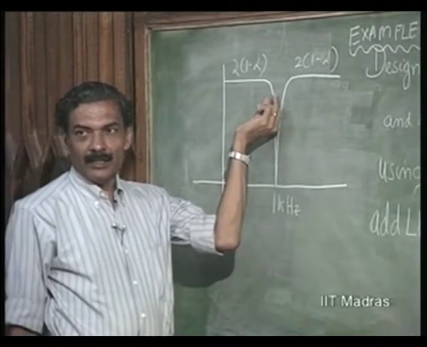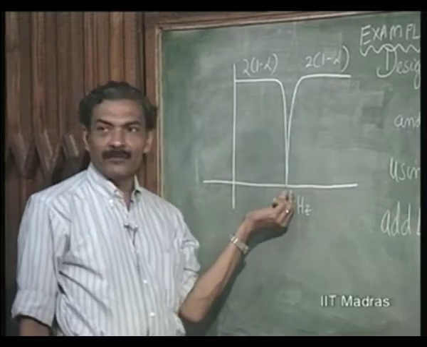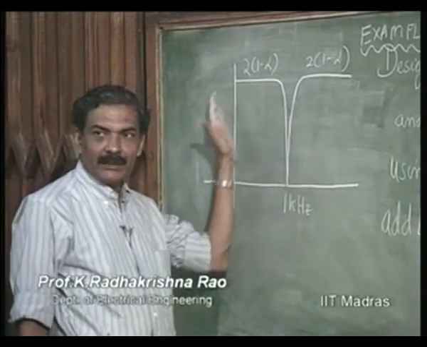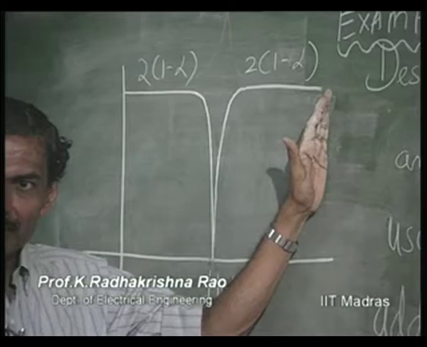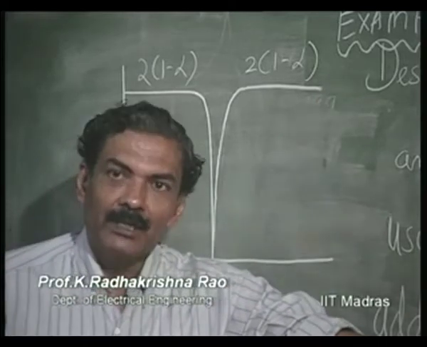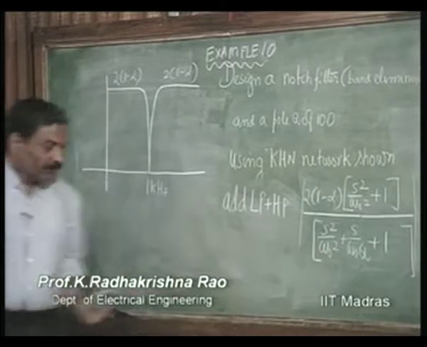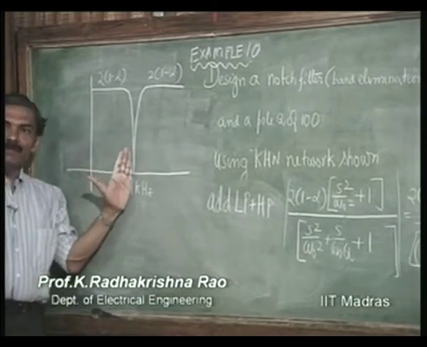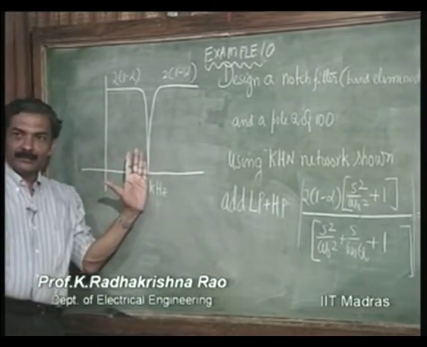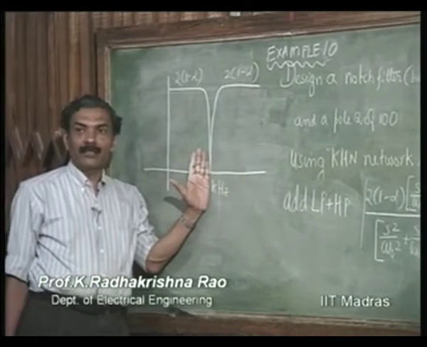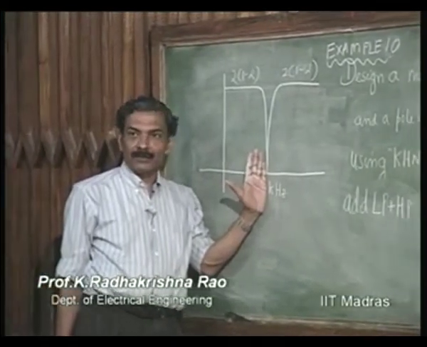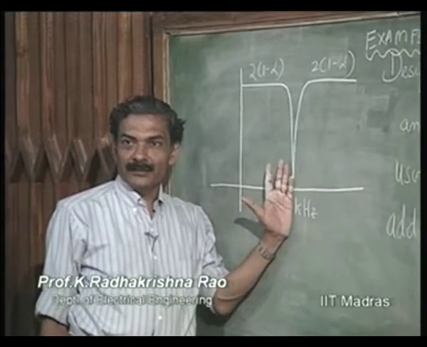So, higher the q, narrower is this. So, in a real notch filter, I would like to remove only the unwanted frequency, and other frequency components should be retained. So, the q of the pole, q of the system should be made pretty high. Now, if you make it pretty high, it will remove only 1 kilohertz, and that frequency should be accurately located. That means, omega naught equal to 1 over RC should be accurately adjusted.